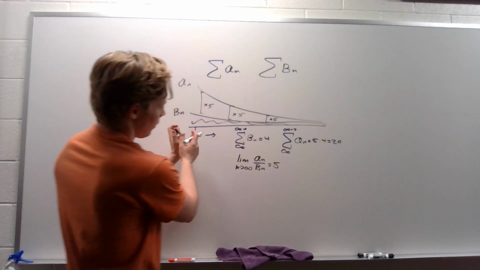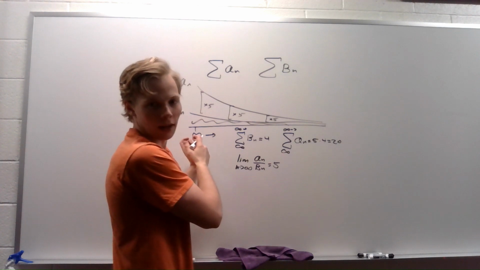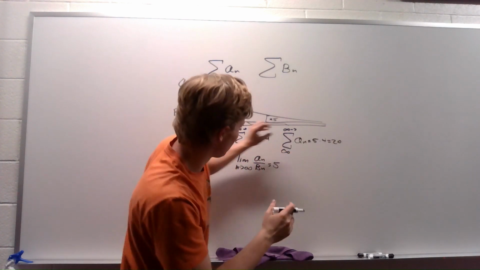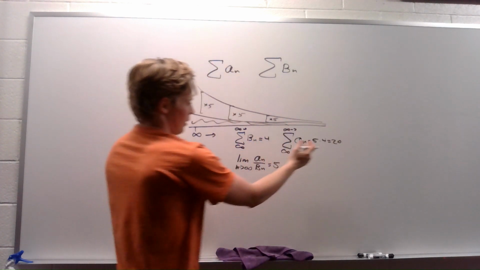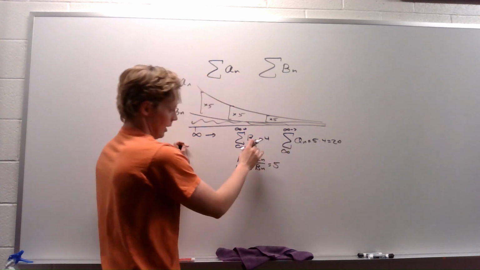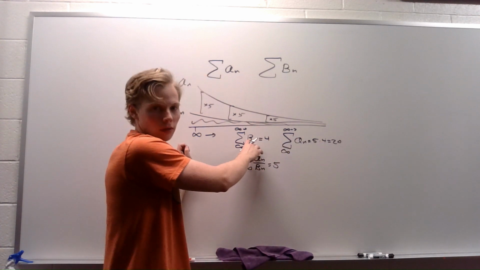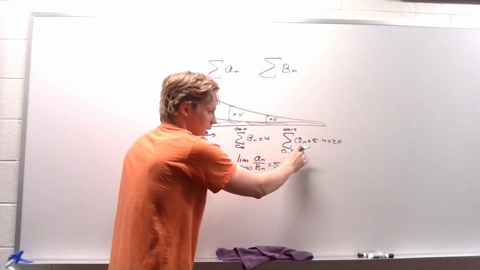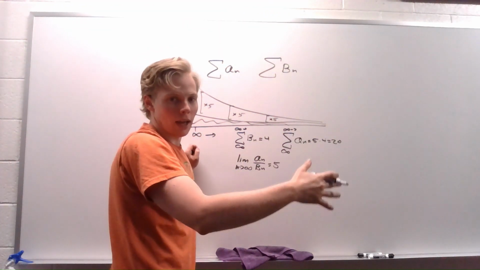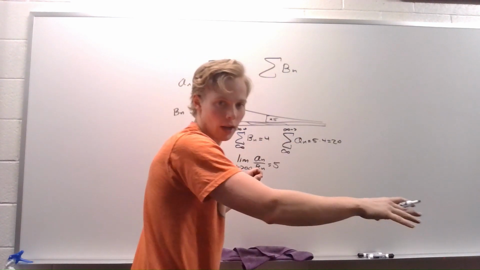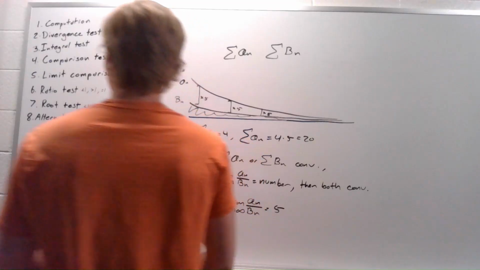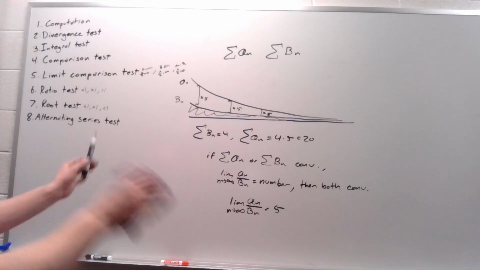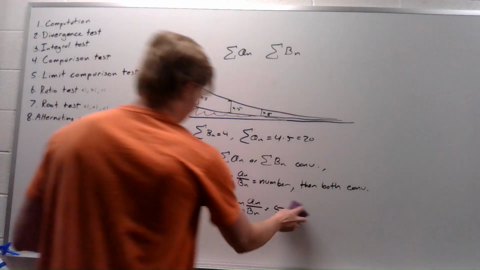And so what I'm drawing here is the point where they essentially stop growing, they're slowing down. And so if B eventually slows down and stops growing, then A might be 5 times bigger at that point, but it's also going to slow down and stop growing. So that's all the scenarios for the limit comparison test.